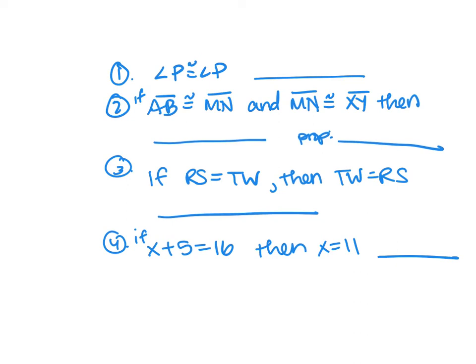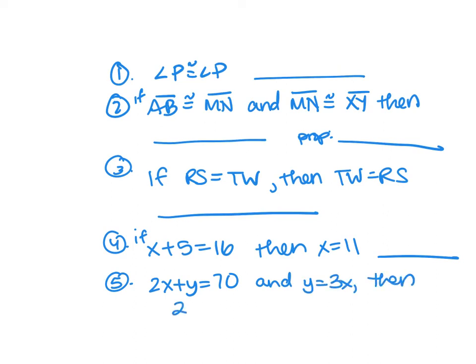Okay, and let's do one more. 2x plus y equals 70, and y equals 3x, then 2x plus 3x equals 70, name that property. So I'd like you to take a few seconds, pause the video, try and answer each of these, and then we will go over them right away.